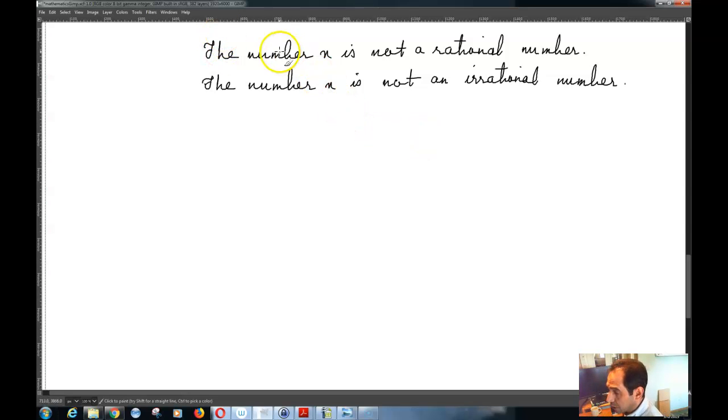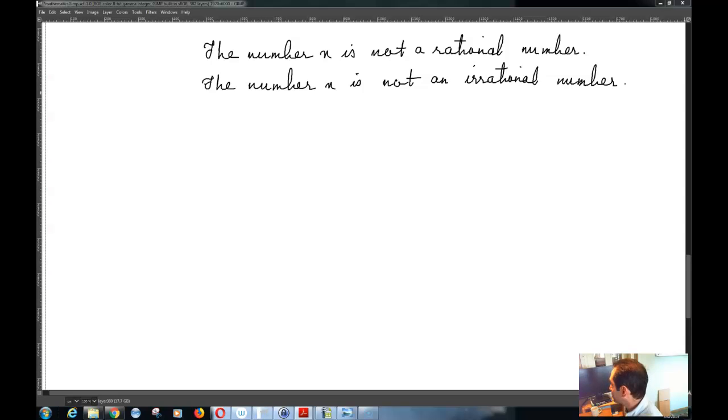If you want to negate the first statement, you would say the number x is a rational number, for example.